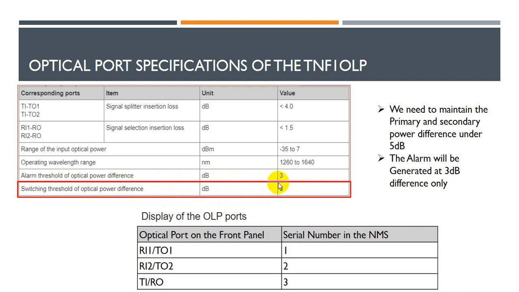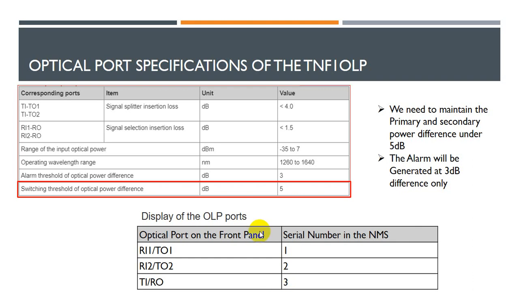If it is more, it is not guaranteed. Sometimes if it is slightly more, it can switch, but it is not guaranteed. So this is the main thing we should take care of, that the receive signals should be within the range of 5 dB. This 5 dB is the main thing we need to take care of in terms of this board.